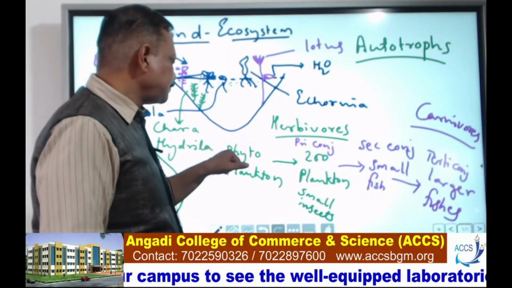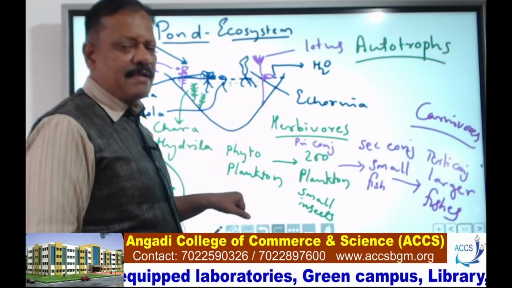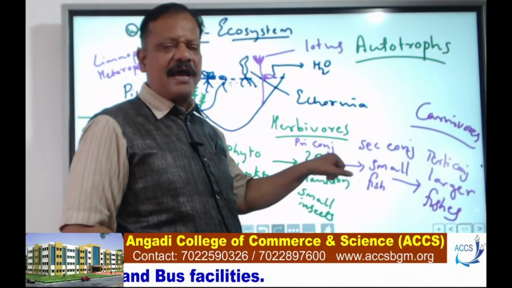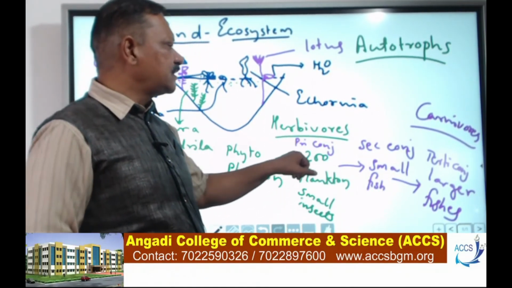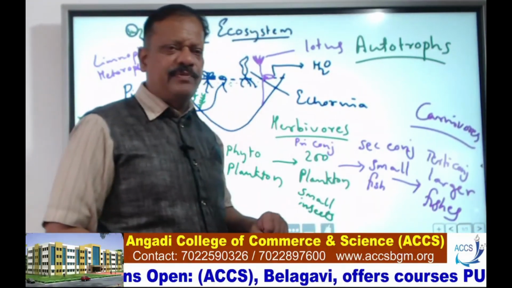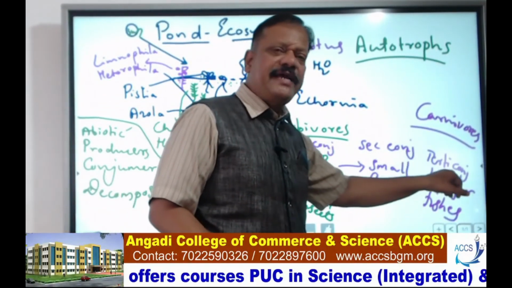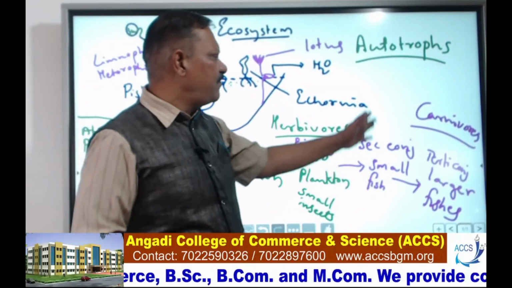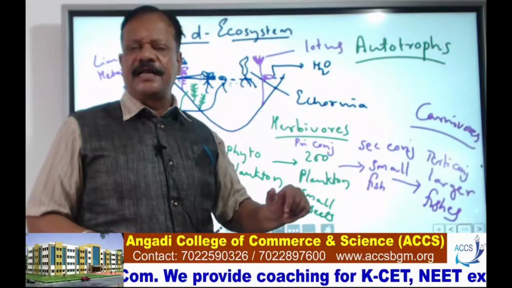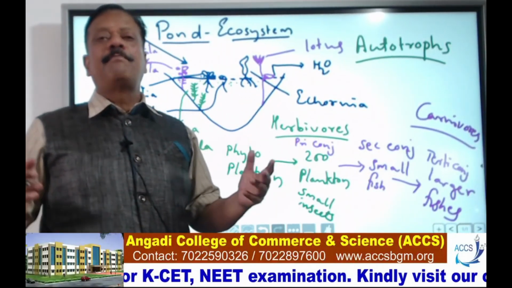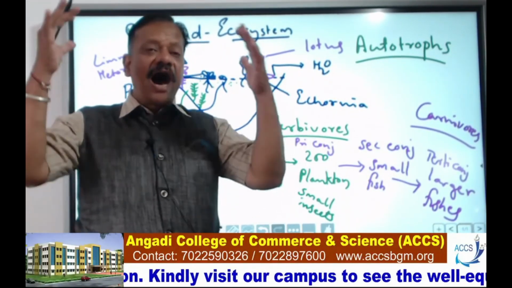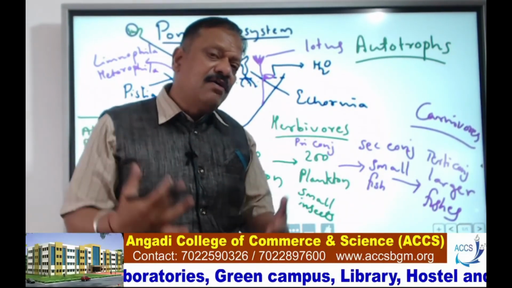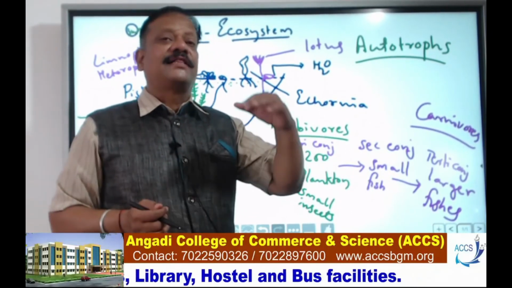Now here, phytoplanktons, plants, the producers, are eaten by primary consumers, which are eaten by secondary consumers, which are eaten by tertiary consumers. Small fishes you are including in secondary consumers, but in tertiary consumers, the big whales, sharks, all these things are included. But the big whales and sharks are not eaten by other predators.